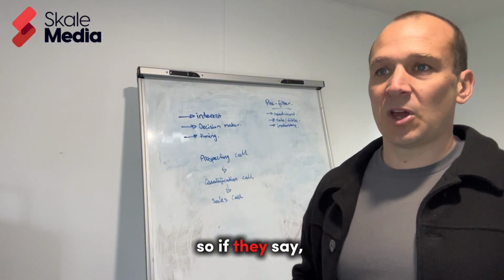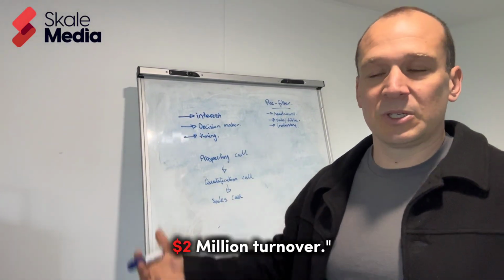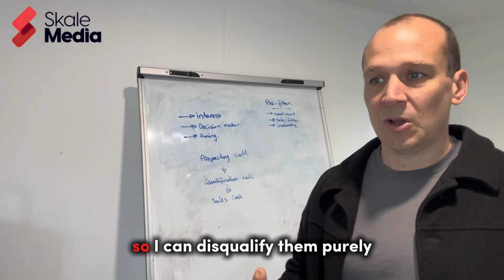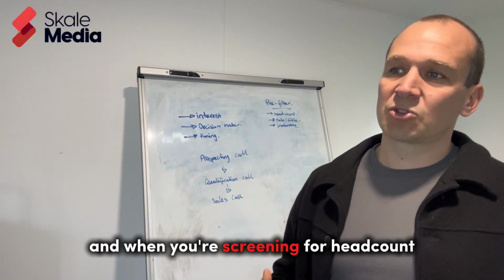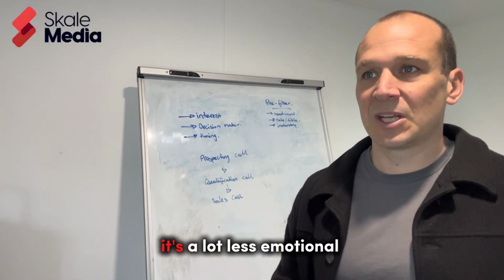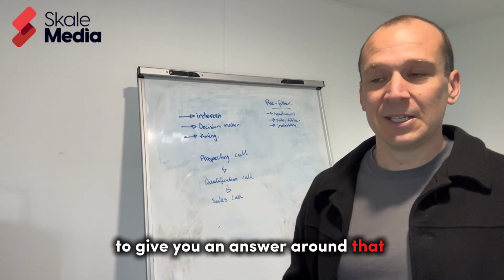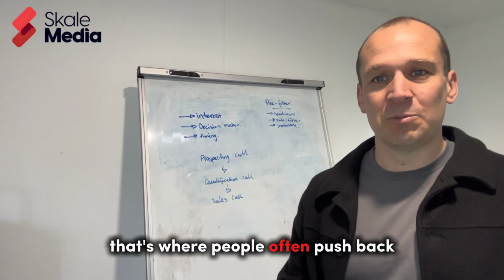If they say, oh, it's just me, and I want at least a $2 million turnover, I know that's not the right person. So I can disqualify them purely based on headcount. And when you're screening for headcount, it's a lot less emotional for the prospect to give you an answer around that. If you ask them what their turnover is, that's where people often push back.